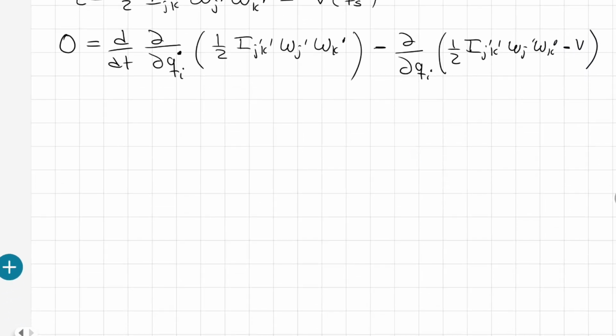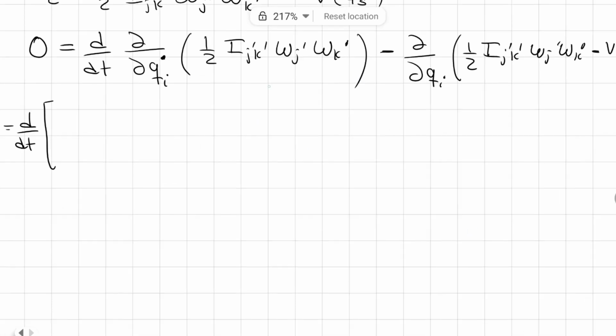Okay, perfect. So we need to take these derivatives. This is going to be equal to the derivative with respect to time of, and pay close attention to this: first of all, the inertia tensor components do not depend on the generalized coordinates of the system, so it will be a constant with this 1/2. The ones that depend on the q_i dot are the angular velocities, which means we have the derivative of a product.